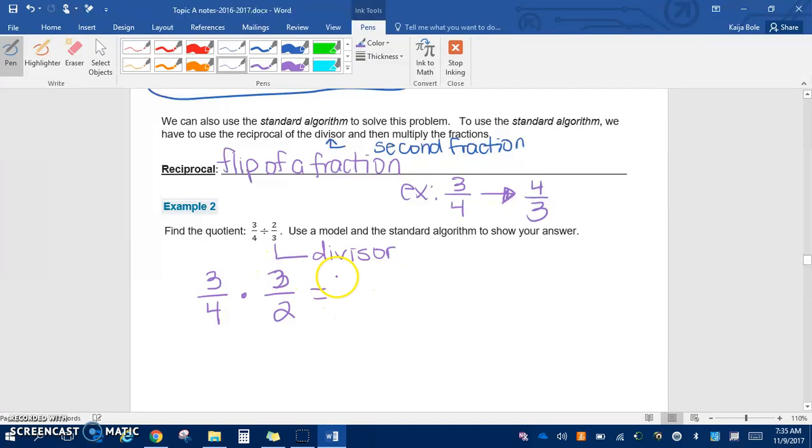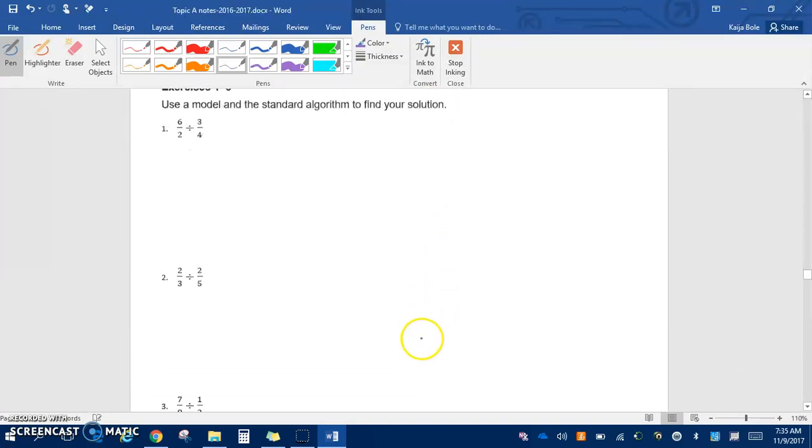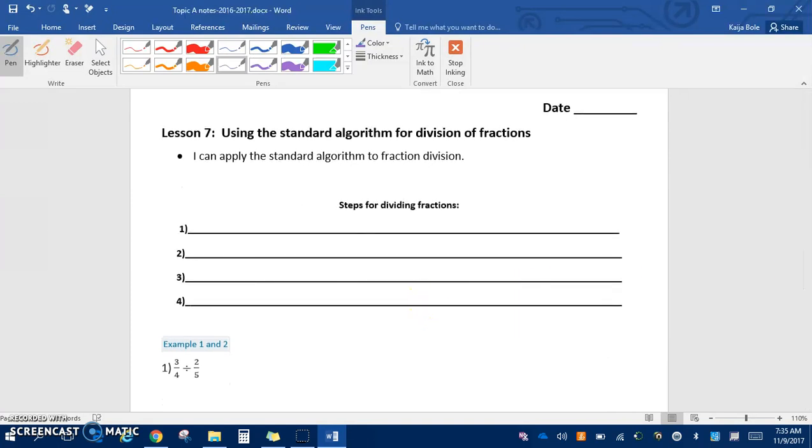So now we just multiply across like we know how to do, and we get 9/8 as our answer, and you can leave it as an improper fraction. Okay? So we're going to go ahead and skip all of page 10 for now, and I want you to skip to page 11, and this is what starts lesson 7, which is using the standard algorithm.